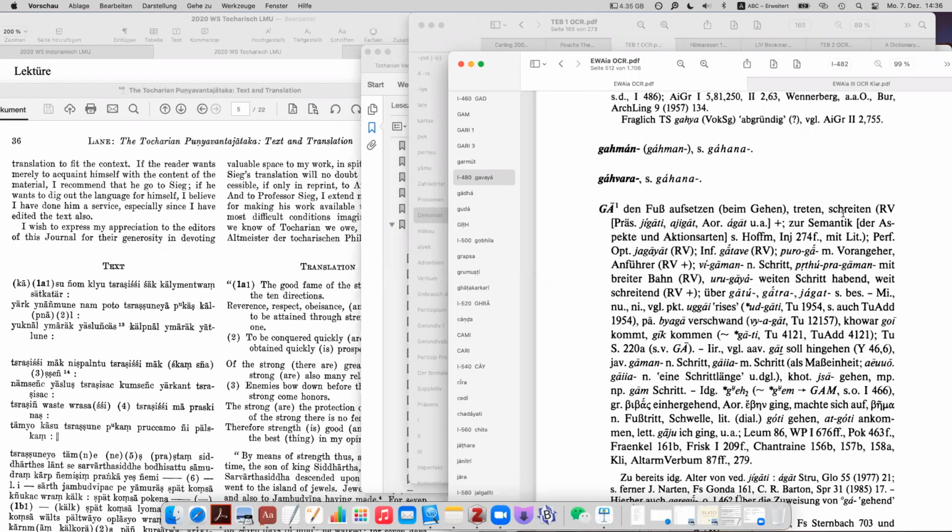It does not mean go exactly, but it means that you raise your foot, and then you put your foot down. So it's kind of a punctual action. But to go is kind of a durative action. So this is actually different.